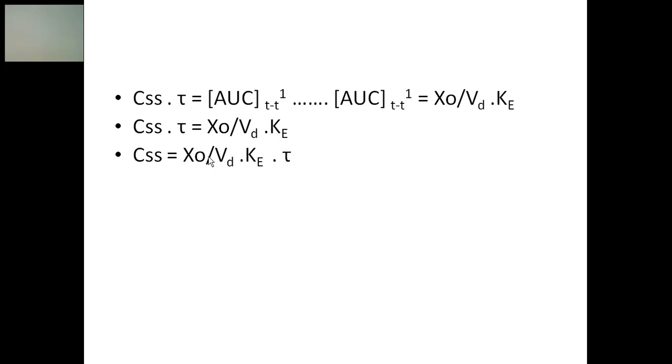So we are just transferring this tau to the bottom, and multiplying the Vd with the CSS, we know that it shows the amount of the drug that is undergoing a steady state concentration, which equals x naught, which you can say is your maintenance dose or the conventional dose which is being given, divided by Ke, that is the elimination rate constant, multiplied by the dosing interval.